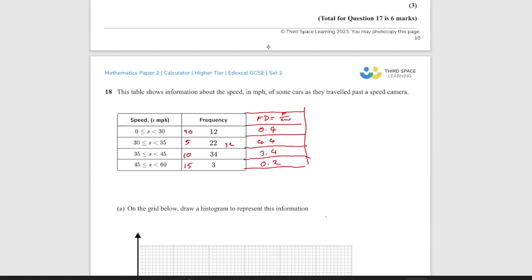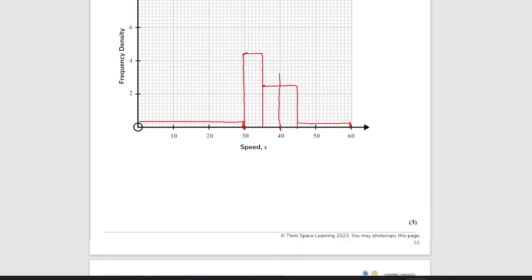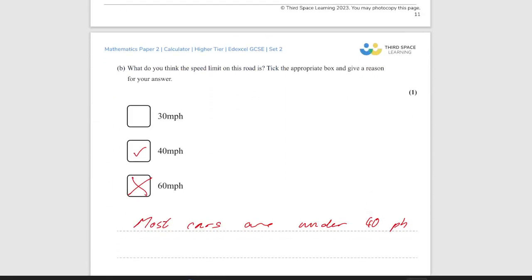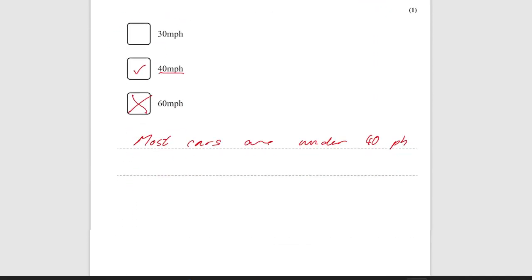Let's think about this. Past the speed camera. Yeah, past the speed camera, most people, I'm definitely going with that. If it was a normal road and it just said 40 miles per hour, I'd be tempted to go with 30, but as there's a speed camera, I know from driving, as soon as I see a speed camera, you know that you can't go above 40.